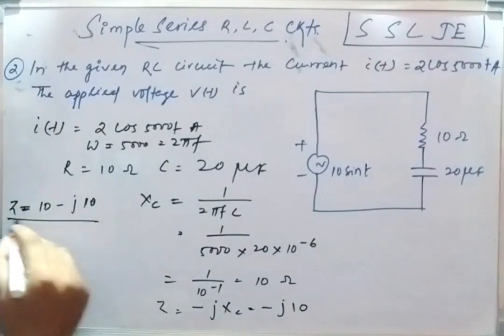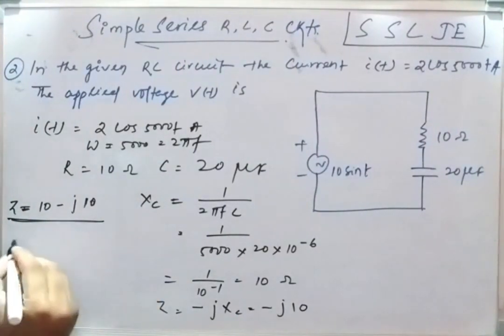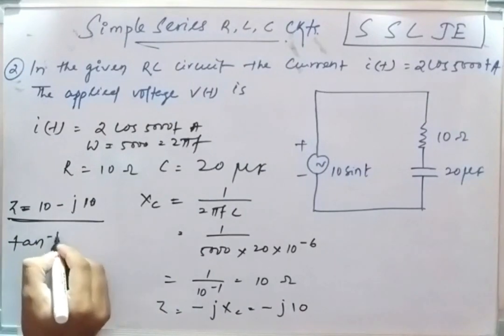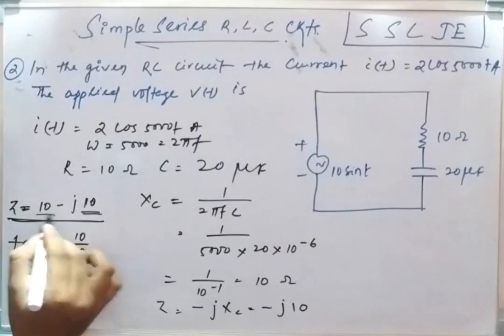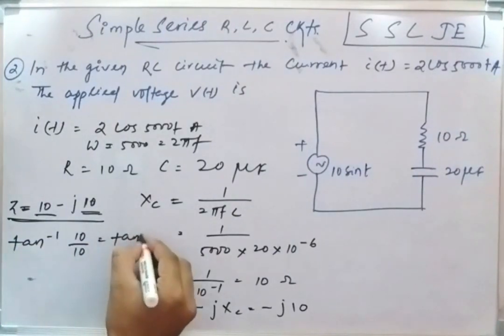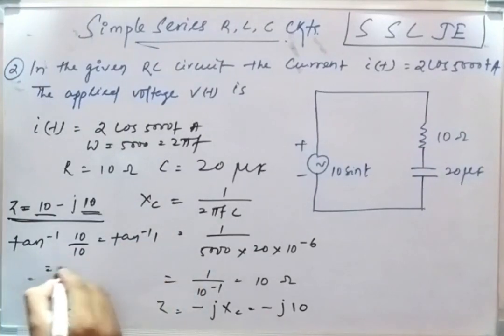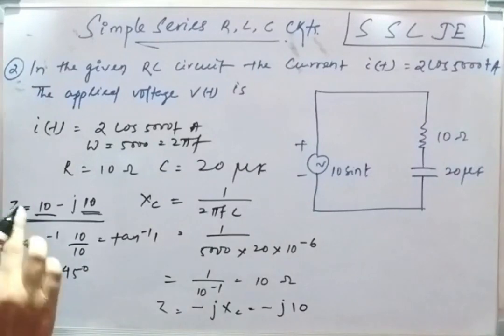So here we can find out the phase difference. What will be the phase difference? Tan inverse of 10 by 10, imaginary part divided by the real part. We will get tan inverse 1. Tan inverse 1 is 45 degree. But also you have to consider the signs.